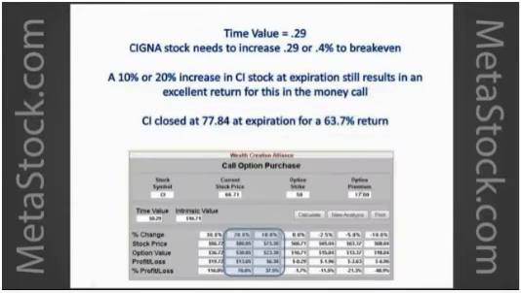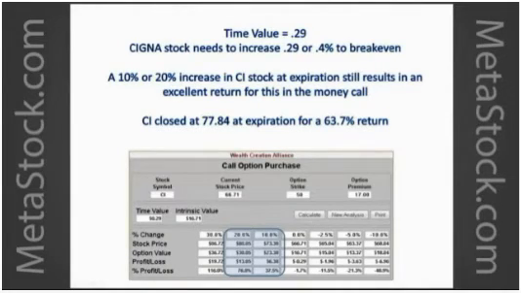So let's look at the call option purchase calculation for this call option trade. Again, Cigna stock was trading at 66.71. I bought the 50 strike call at 17, and we can see the time value portion of this option was only 29 cents, and the intrinsic value was 16.71.